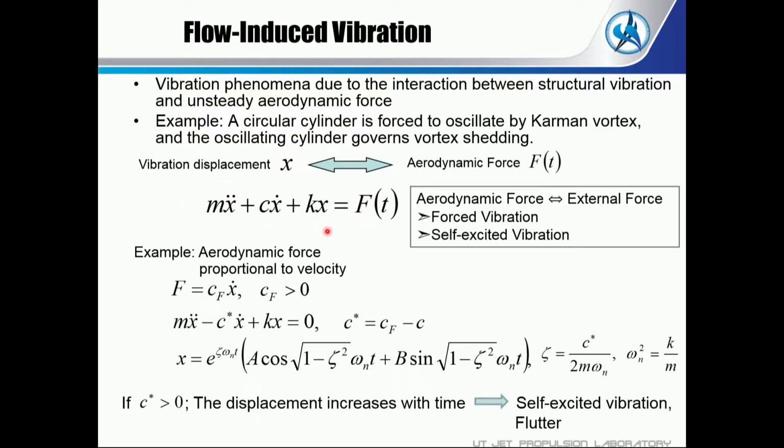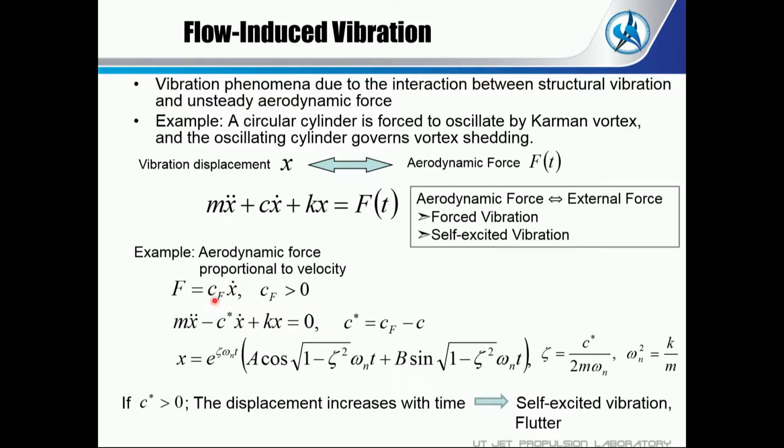Sometimes it is a forced vibration, and sometimes self-excited vibration occurs. These are typical flow-induced vibrations. A simple example is when the aerodynamic force is proportional to velocity. This equation shows the aerodynamic force is proportional to the oscillation velocity x dot, and CF is a positive coefficient.